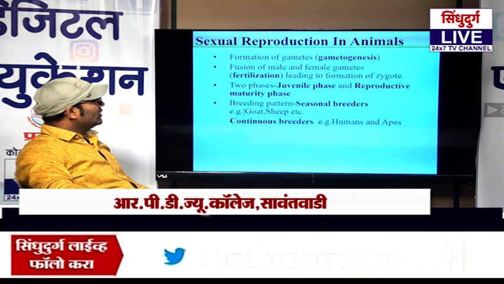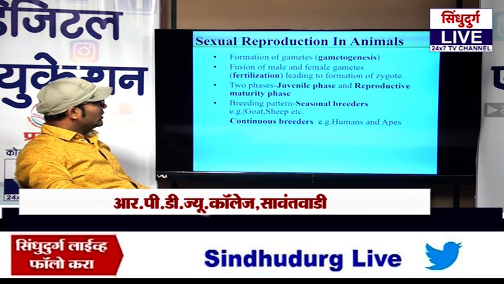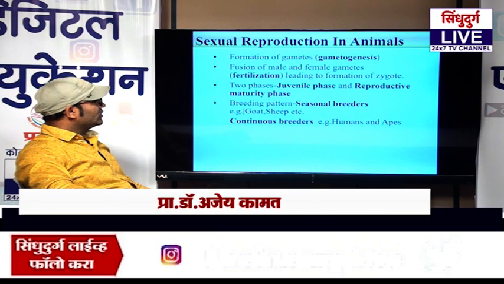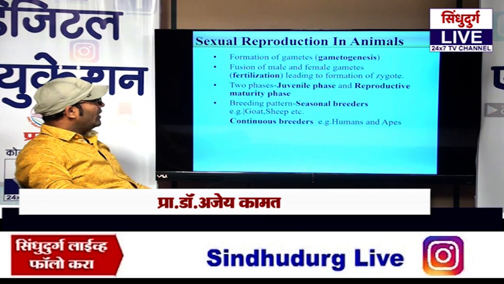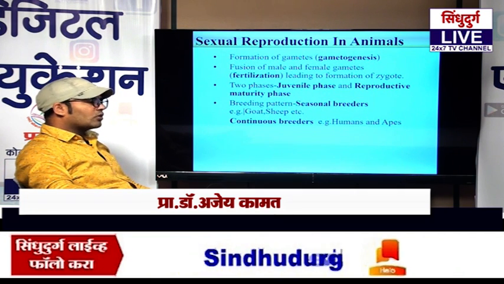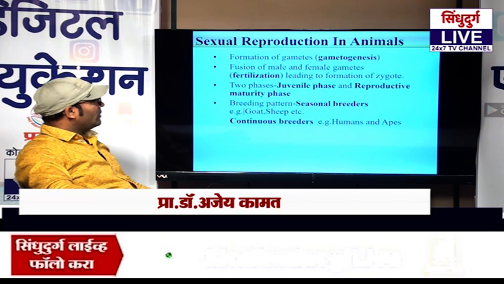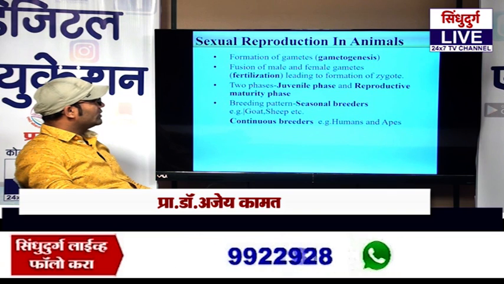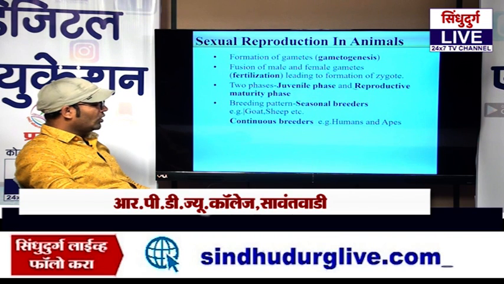And here there are two phases in animals. One is the juvenile phase, which is the pre-reproductive maturity phase. In this phase the organisms develop and physical growth takes place, which leads to the maturity of the organism towards the reproduction process. This is followed by the reproductive maturity phase.